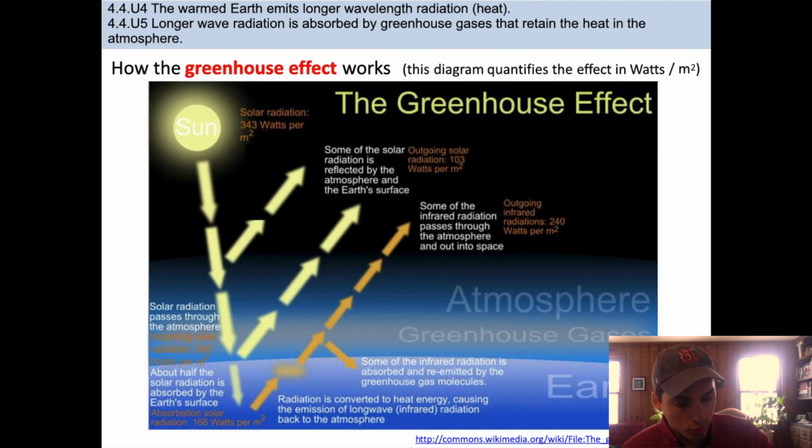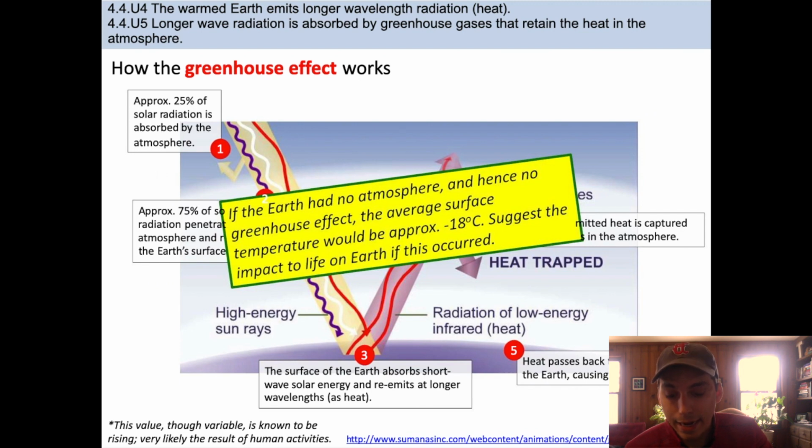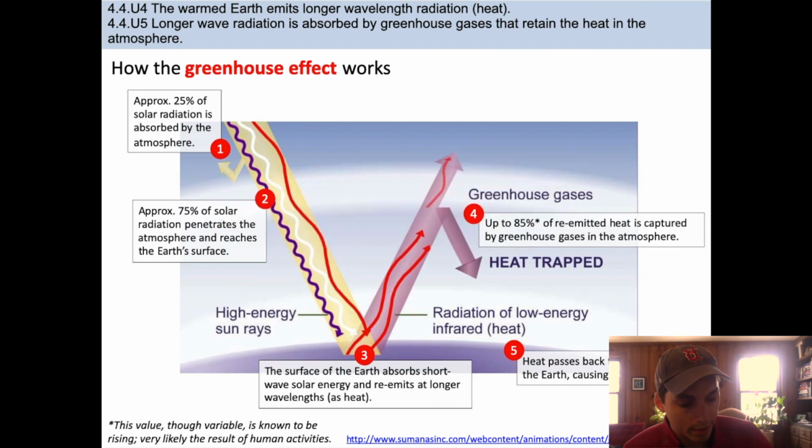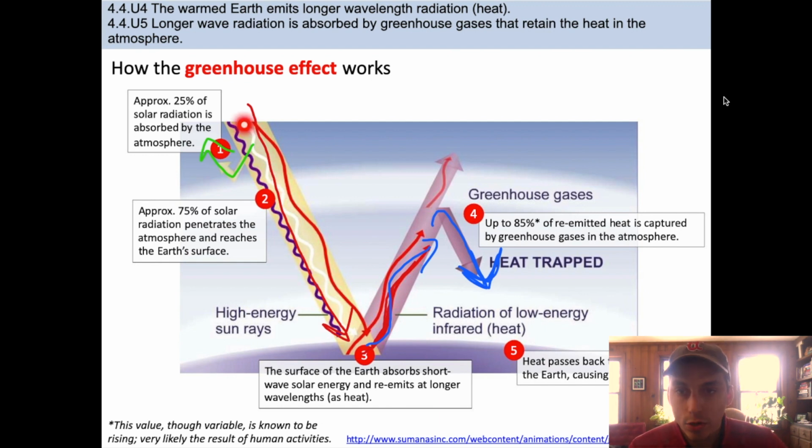And the primary reason that it is not able to get back out is if I go back here again and we look back at those waves. So we can see as it comes down from the sun that it's in those short waves.